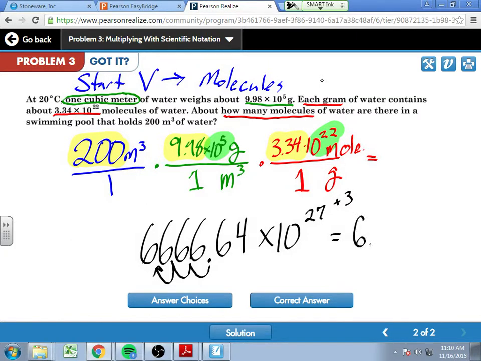So it's really 6.66664 times 10 to the 30th. Yeah, we can just write 6.66, and if you want to round, I guess it would be a 7. Yeah, you got that.